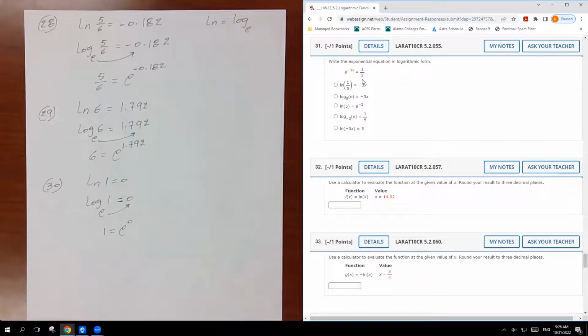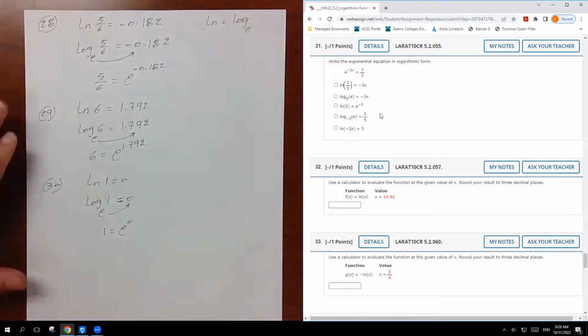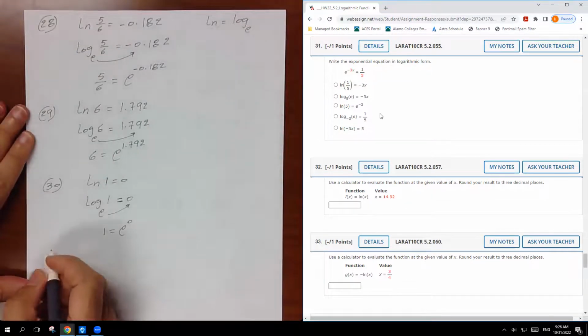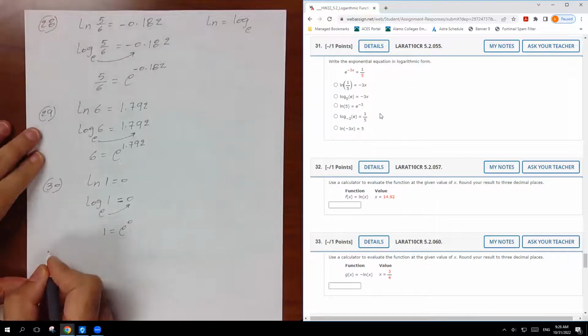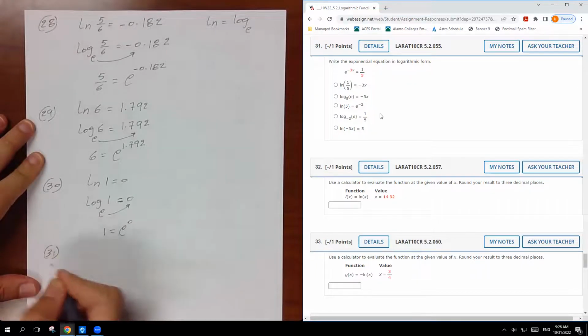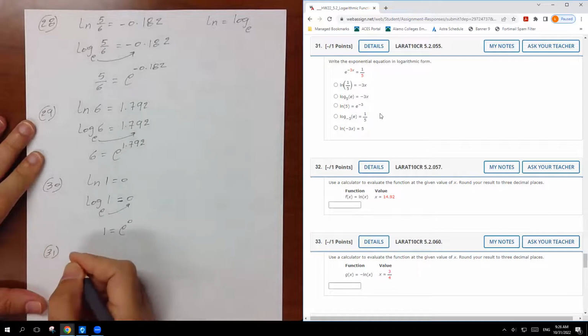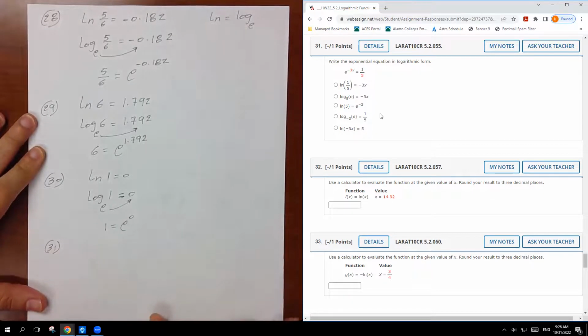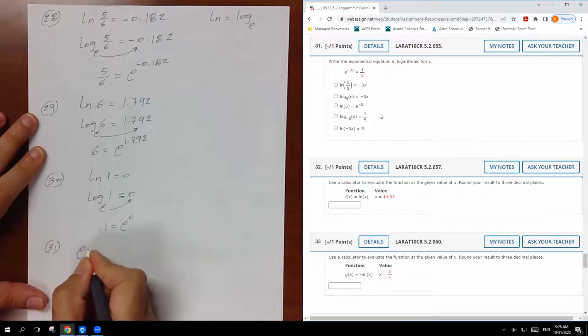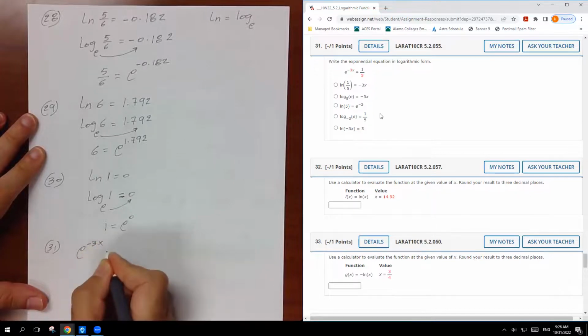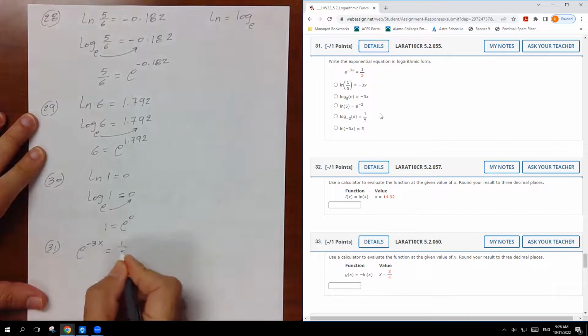How are we going to find which one is the right one here? We can do that one here. The one is the exponential, e to the negative 3x equals 1/5.